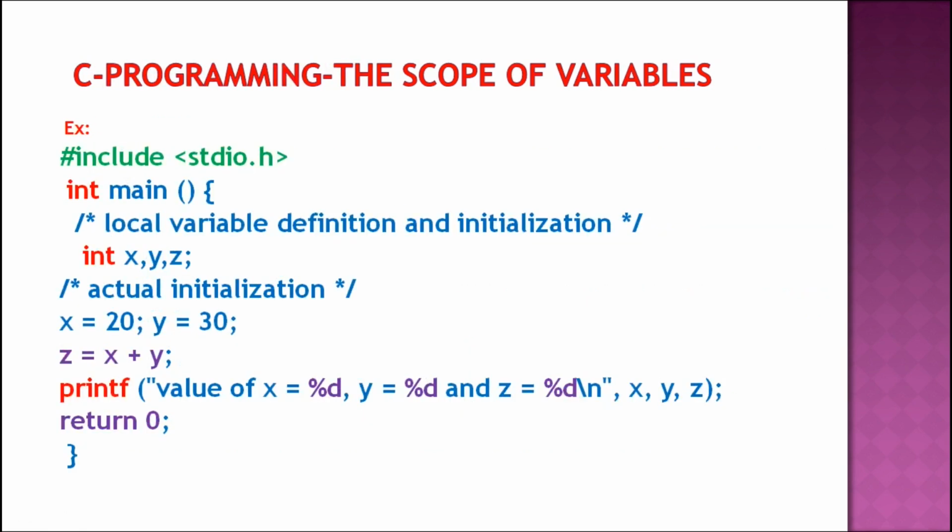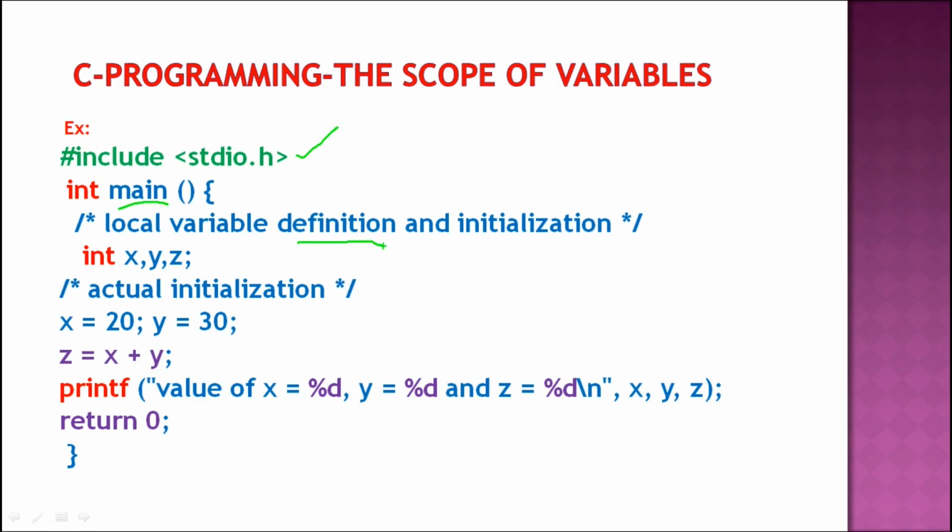Here we have the local variable example. Here we include our standard input output header. After that we have the main function, and here we declare the variables and initialize them within the main function.